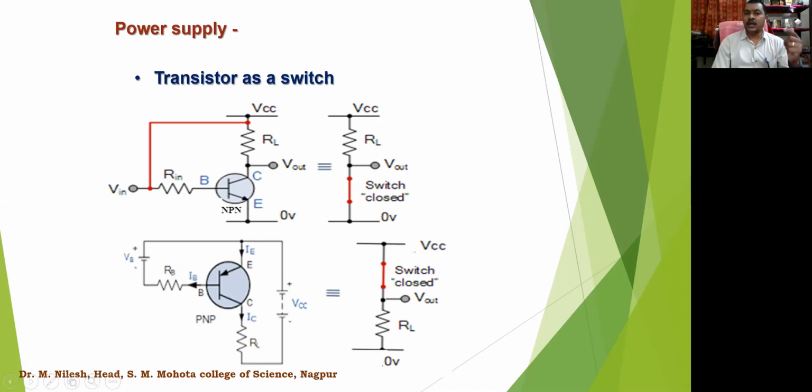The transistor is going to conduct, that is, the transistor is on, which implies that the current is flowing through the transistor, and the switch will be like this, that is, a closed switch. The output voltage will come down to 0.